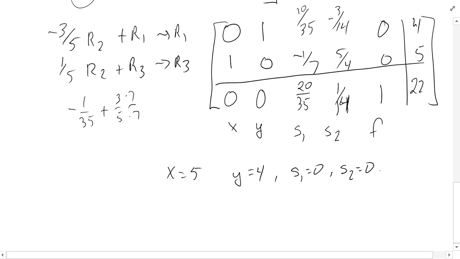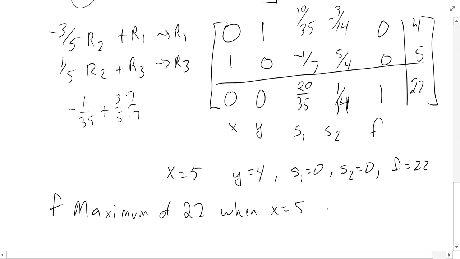They got a lot of ugly numbers in them. I want to make those values 0. And then finally F would equal 22. So we're going to get a maximum of 22. So F is going to have a maximum of 22 when x equals 5 and y equals 4.